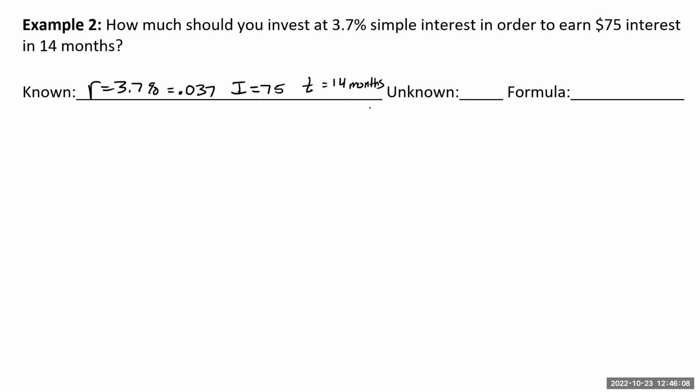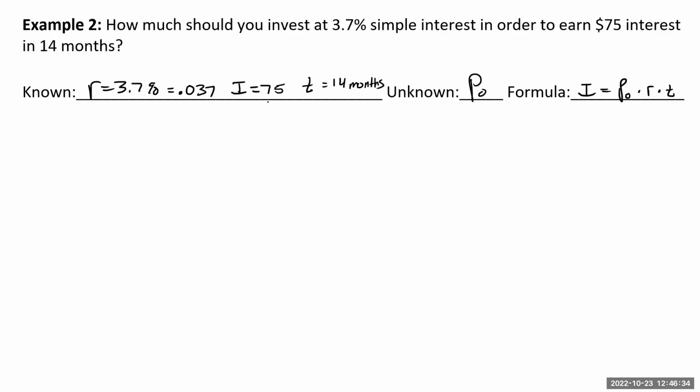We need to get the t value in terms of years, though, because we're talking about years. So we're going to take care of that in a minute. But we also want to know here, what are we trying to figure out? How much we should invest, the initial amount, that's our P sub 0. So in this case, because I know the I value, I want to use the formula I equals P sub 0 times r times t.